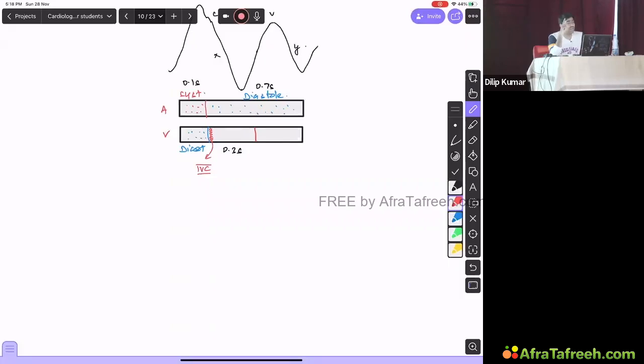But your aortic systolic pressure is 120 and above, and aortic diastolic pressure is 80 and above. So until you reach that 80 millimeters of mercury, the aortic valve will be closed only. Once you go beyond that 80, the aortic valve will open. Till that time, the ventricle will contract, but neither the aortic valve nor the mitral valve will be open. This is what we call isovolumetric ventricular contraction.